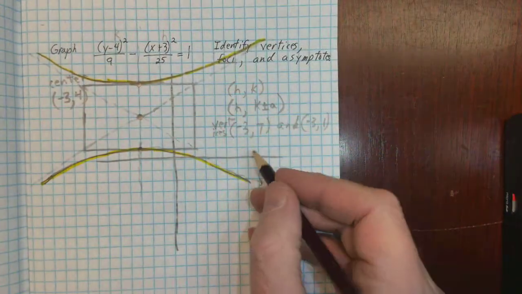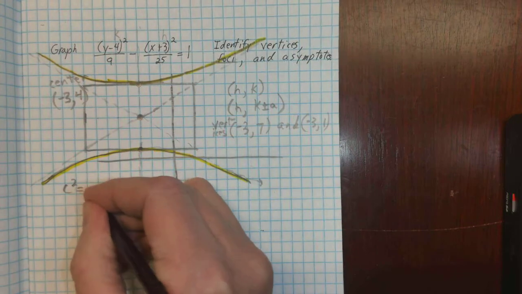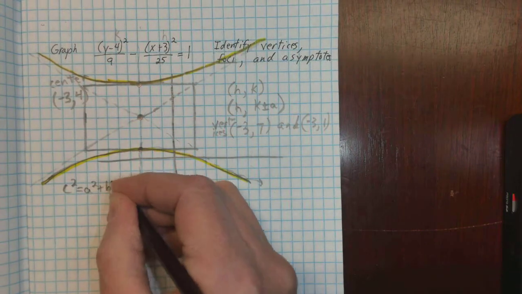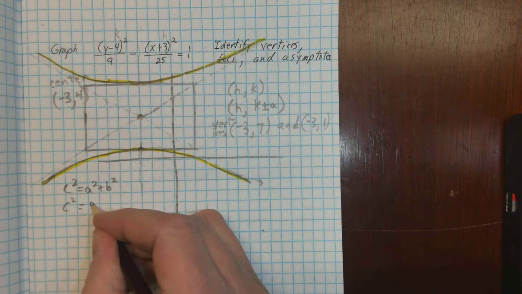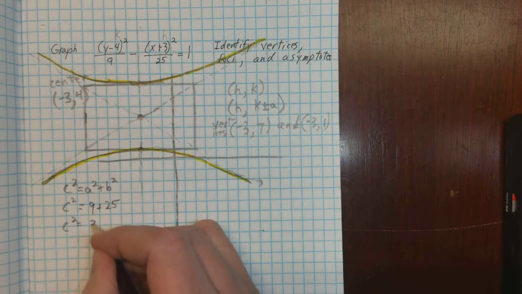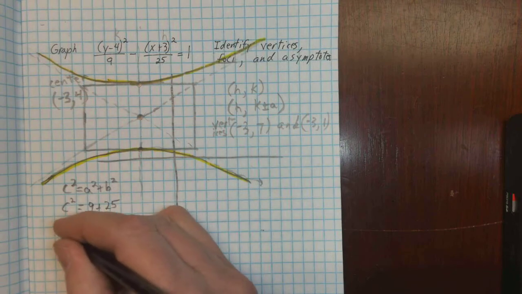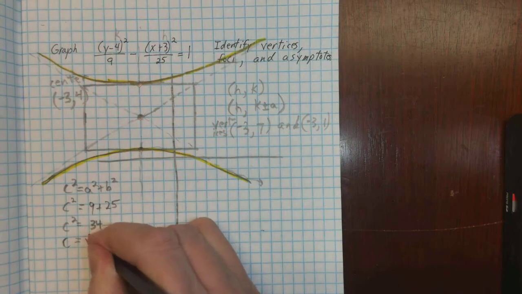Our foci. Alright, let's do a little calculation. c squared equals a squared plus b squared. So c squared is equal to 9 plus 25. c squared equals 34. c is the square root of 34.